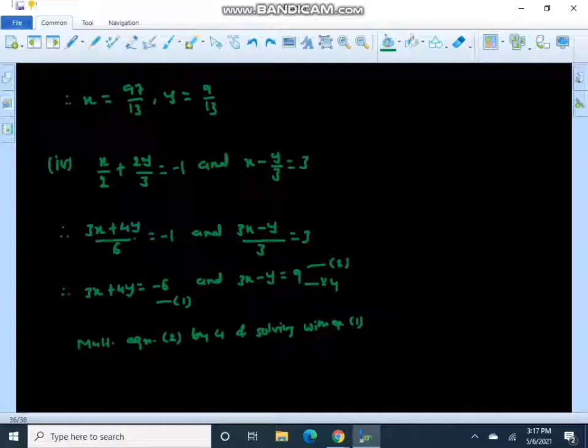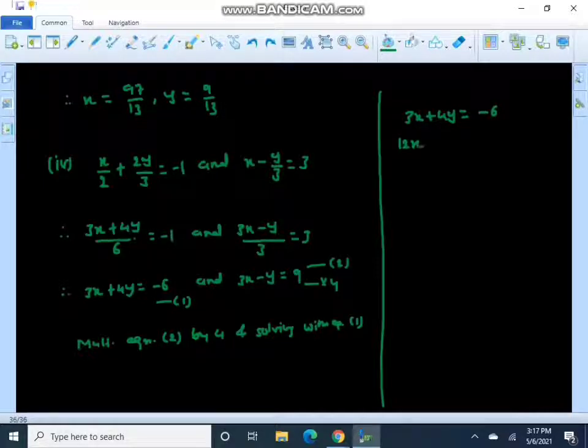Okay, so we have 3x plus 4y is equal to minus 6, and 4 3s are 12x minus 4y, 9 4s are 36, plus 15x is equals to 30, and therefore x is equals to 2.